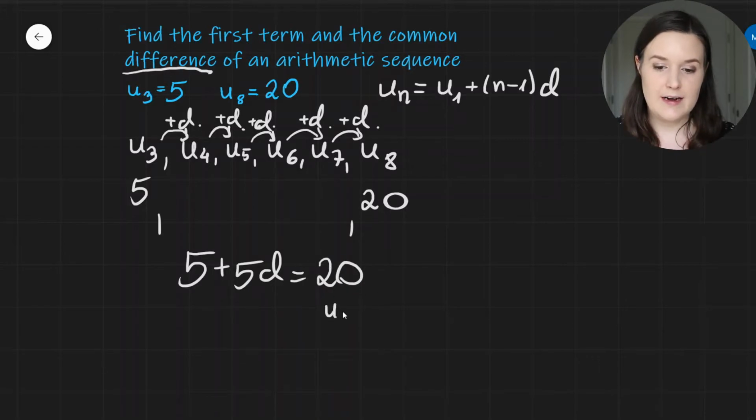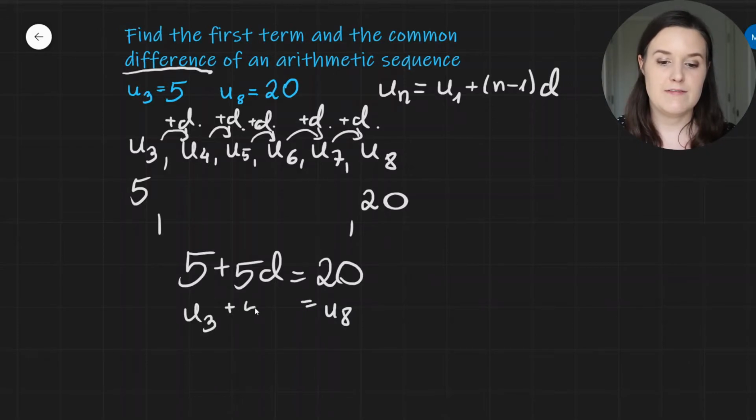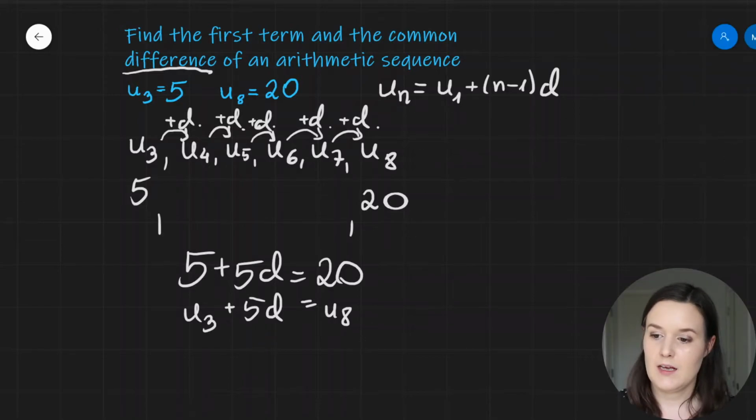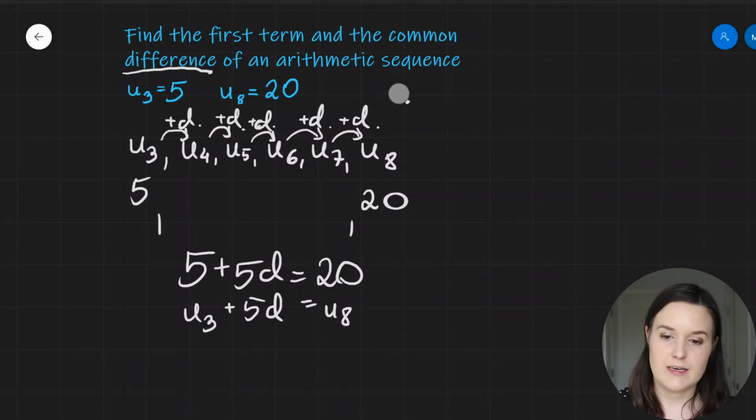The 8th term is the third term plus 5 differences. The first term plus 5 differences would be the 6th term, but the third term plus 5 differences is the 8th term.